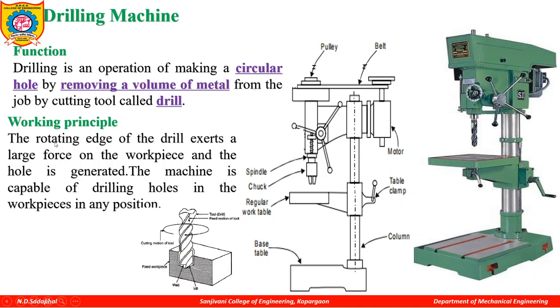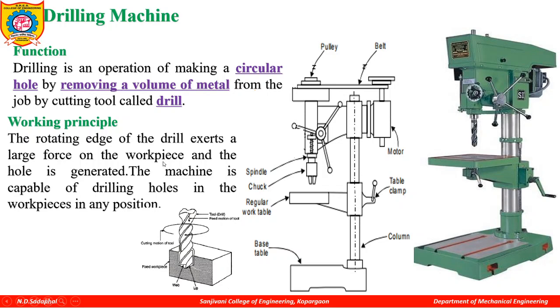So what is the working principle? How can the hole be drilled? The rotating edge of the drill. This is a drill here, and a figure is shown here. The rotating edge of a drill exerts a large force on the workpiece.